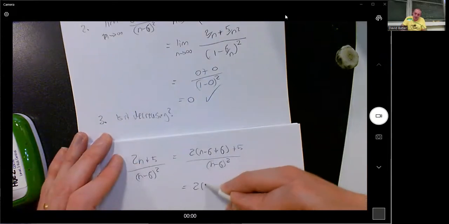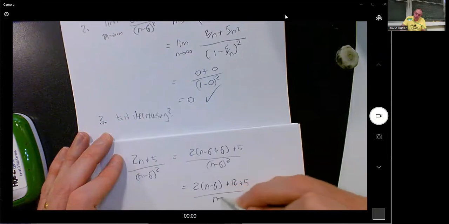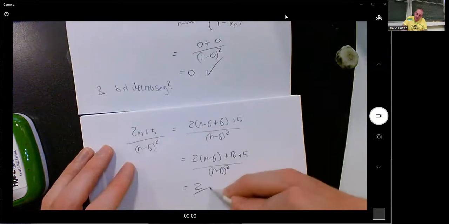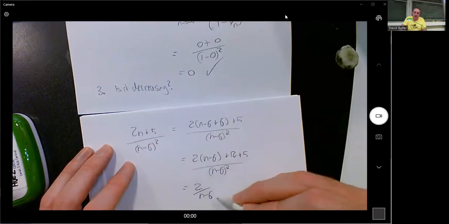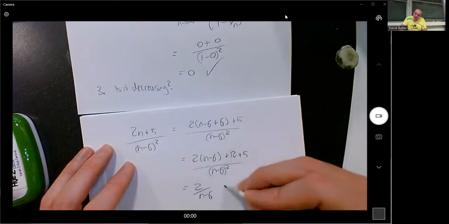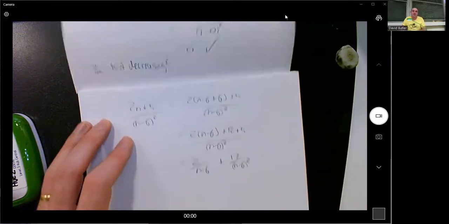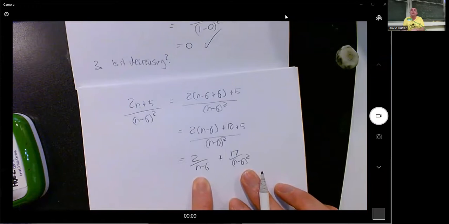And so I'm going to have two lots of n minus 6, plus 12, plus 5. If I go this divided by that, I get 2 on n minus 6. If I go this divided by that, I get 17 on (n minus 6) squared. Both of those are decreasing, and so therefore the total is decreasing.